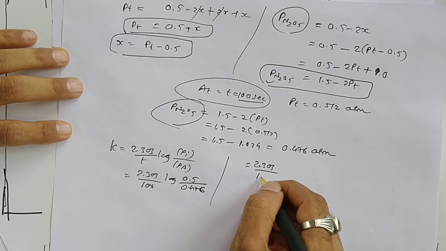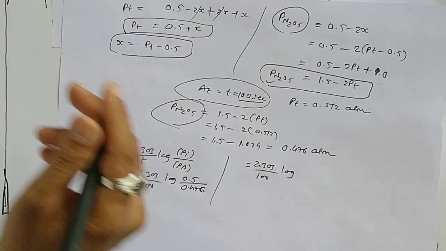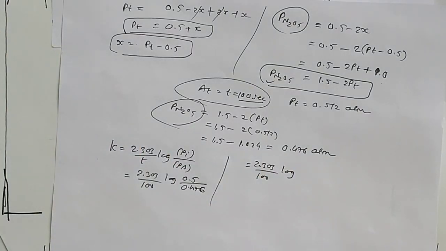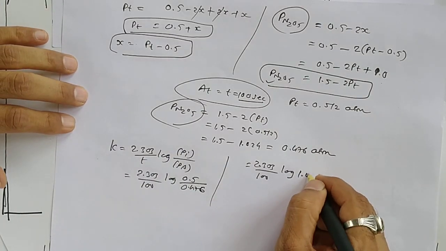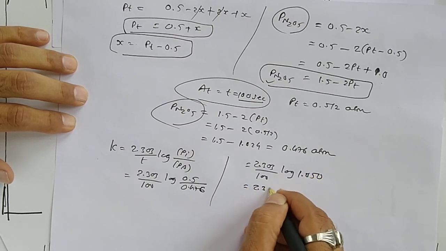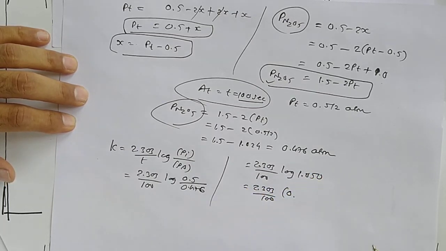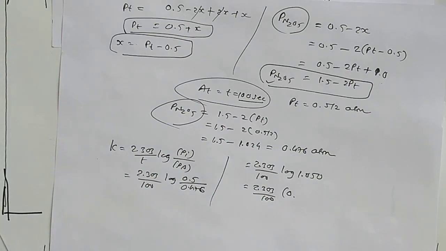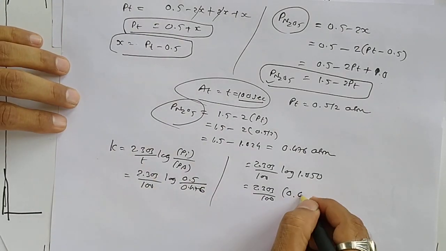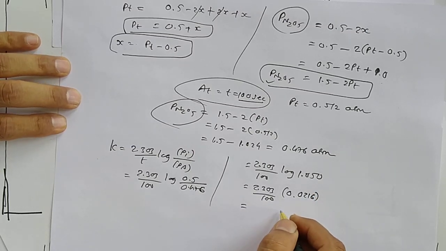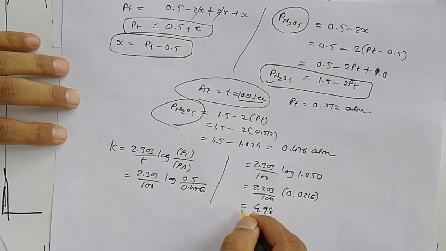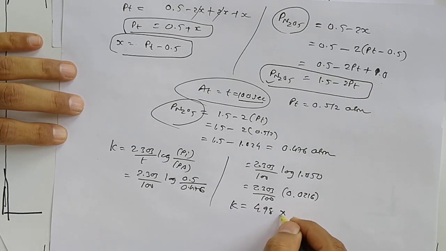So K equals 2.303 upon 100 log 0.5 divided by 0.476, log 1.050, which is 0.0216. So the final answer of K is 4.98 into 10 raised to minus 4 second inverse.